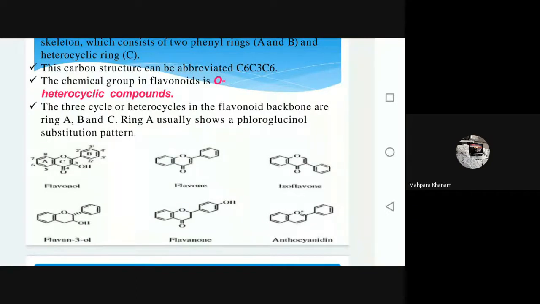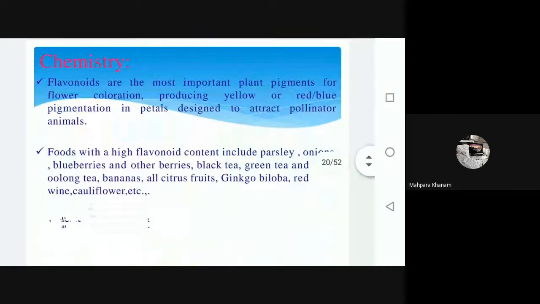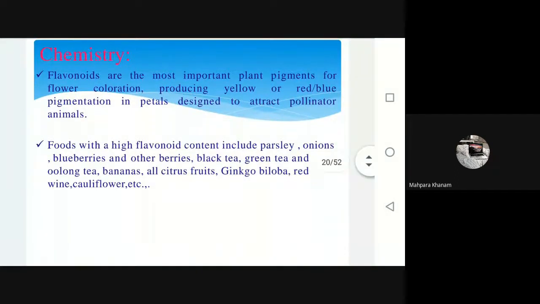Then the three rings in the flavonoid backbone are the rings A, B, and C, which show a phloroglucinol substitution pattern. Flavonoids are the most important plant pigments for flower coloration and produce yellow or red-blue pigmentation in petals designed to attract pollinator animals. Although this is not related to your syllabus.